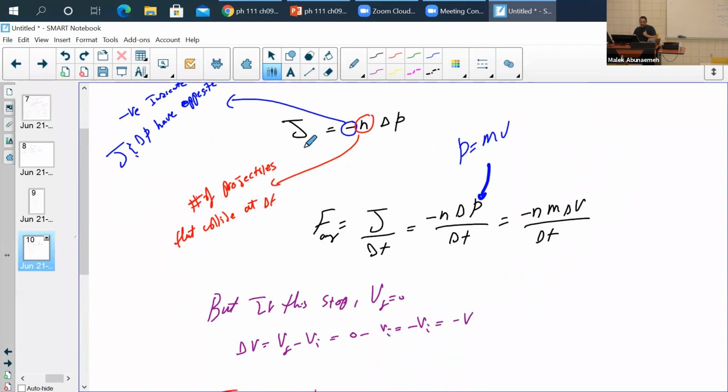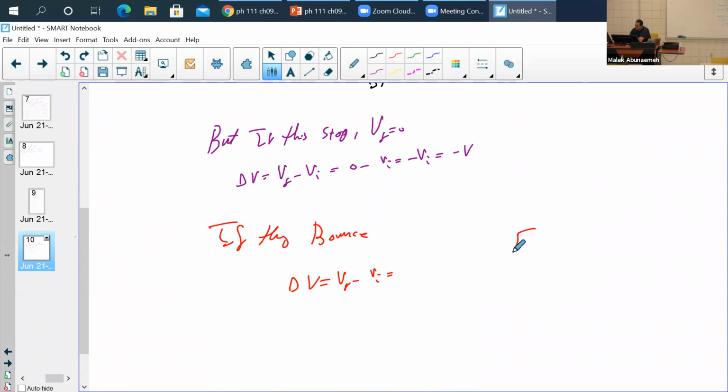So your v final is going to equal minus v initial because it's bouncing back. That means this is going to be minus v_i minus v_i, so your delta v is going to equal minus 2 v_i.